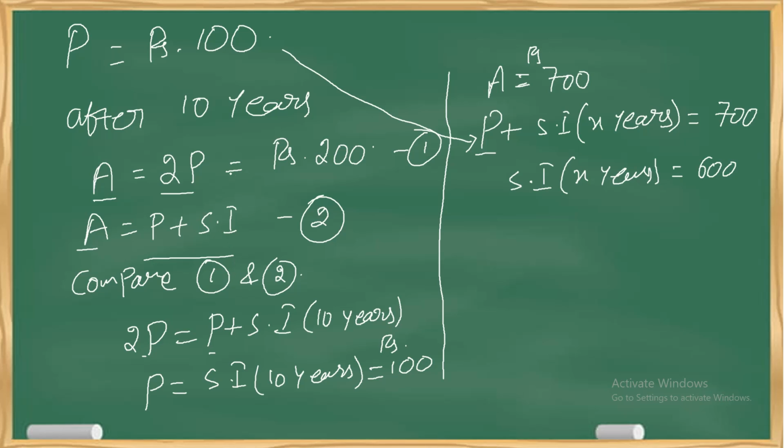Yes or no? Because 200 is 2P, so P will become 100 bucks. So obviously simple interest becomes 100 rupees in 10 years. But here the simple interest should become 600 rupees. So answer should be 6 into 10 years. That is equal to 60 years.